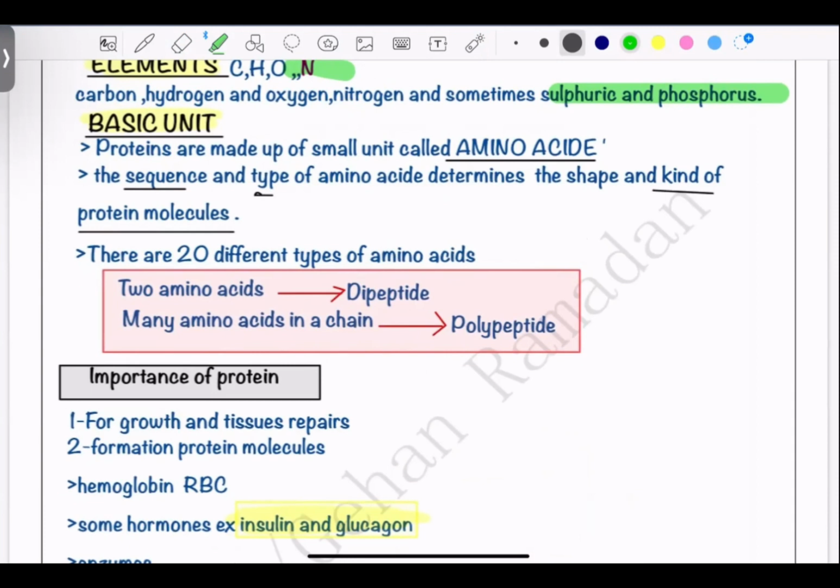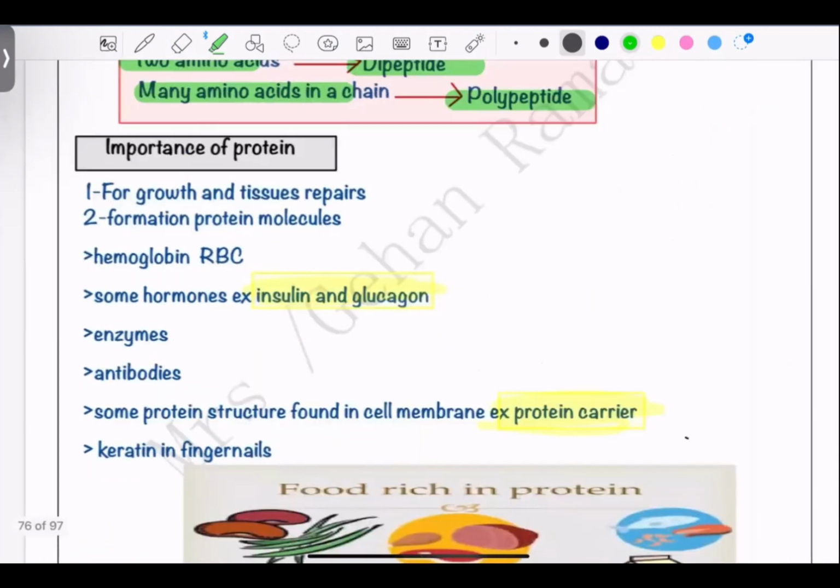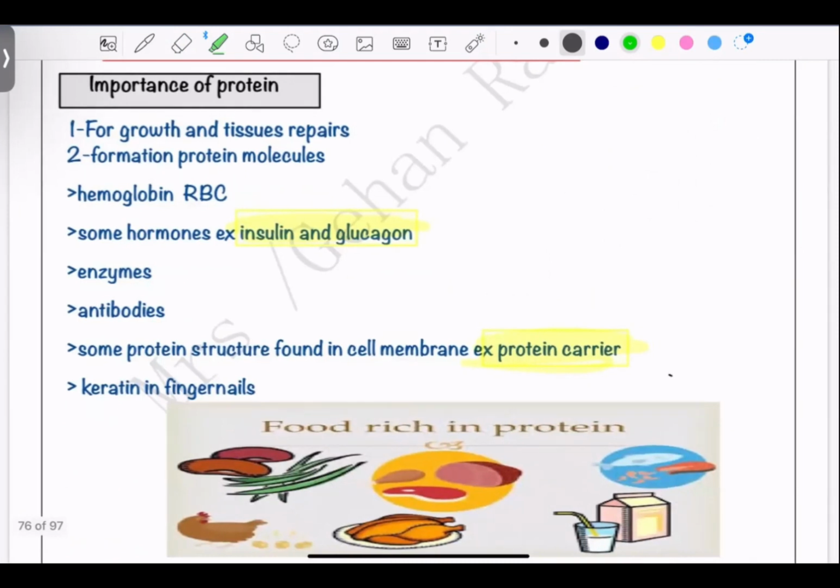The basic unit is amino acids. If two amino acids are connected together, we have a dipeptide, and many make a polypeptide. The importance of proteins is for growth and tissue repair, and also for the formation of protein molecules.